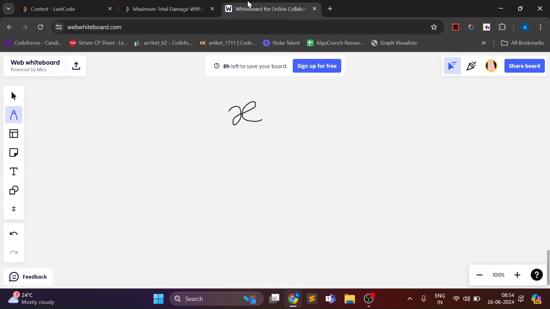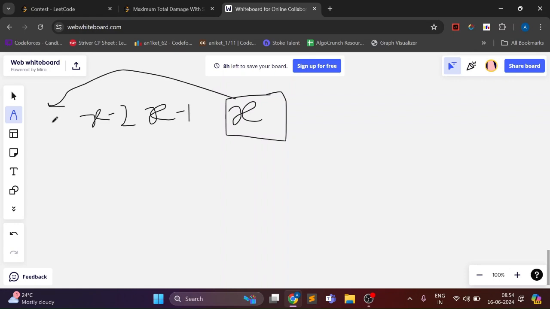The observation for the DP solution is that when you cast a spell whose damage is X, its transition before it would be the previous element which does not have any value between x minus 2 and x minus 1, meaning its value is less than x minus 2.